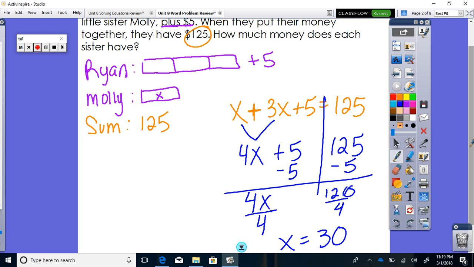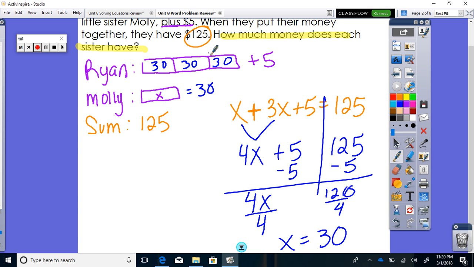Then remember, we should always ask ourselves what the problem is asking. In this particular case, it's asking how much does each sister have. So Molly had just the single x, so Molly has $30, and Ryan has 3 times that amount, so you can either take 30 plus 30 plus 30, or 30 times 3.